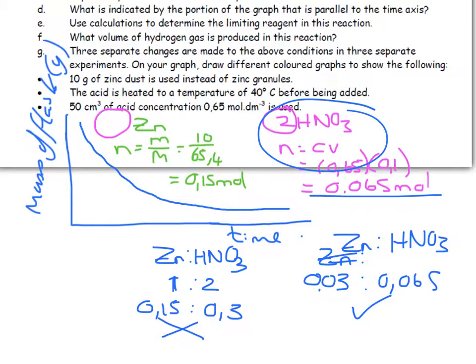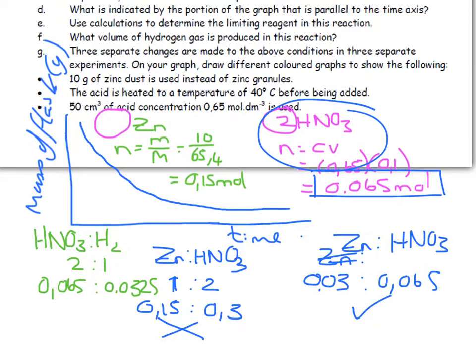What volume of hydrogen gas is produced in this reaction? I then must use the number of moles from the limiting reagent in doing my further calculations. And I am going to say nitric acid relates to hydrogen as 2 is to 1, 0,065 is to 0,0325.